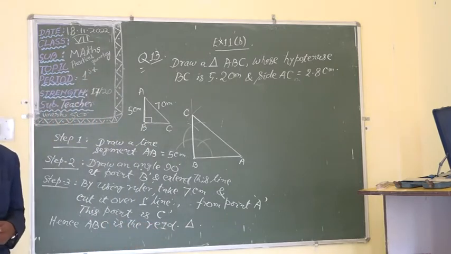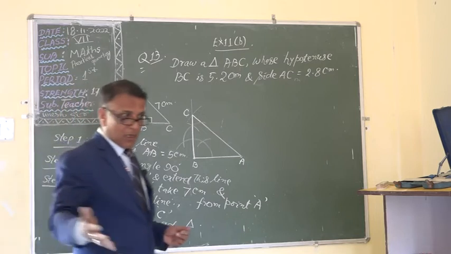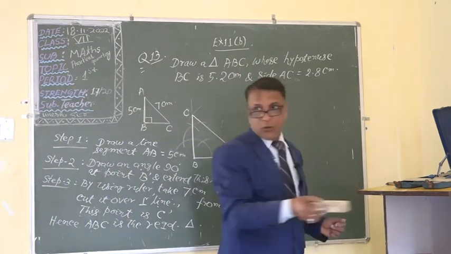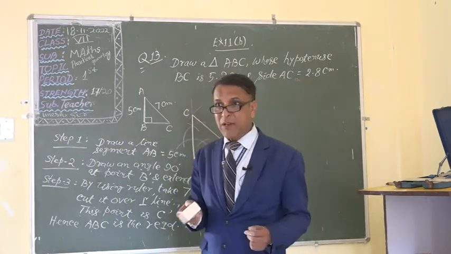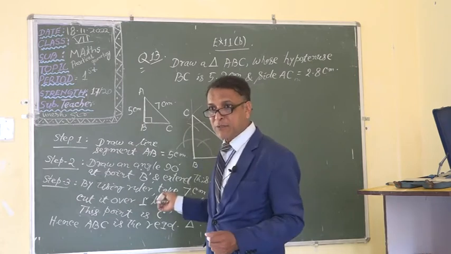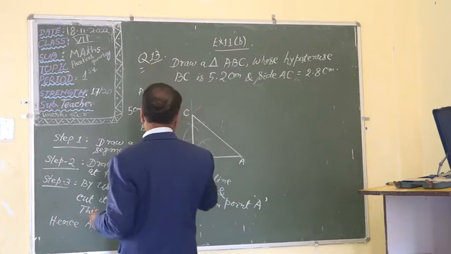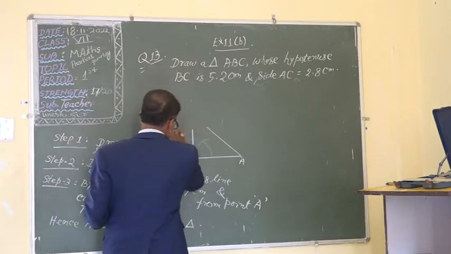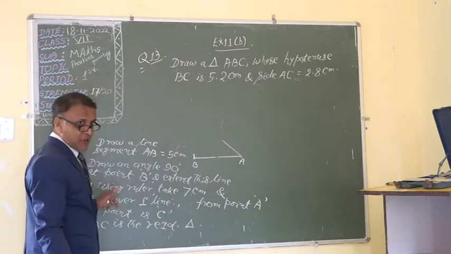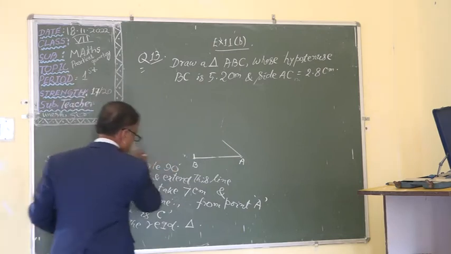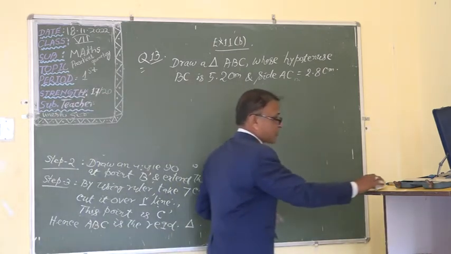Let me complete, then I will go to everybody's bench and explain there. Okay, first you understand this. You wrote these steps of construction? Yes, very good. So now come to this question.